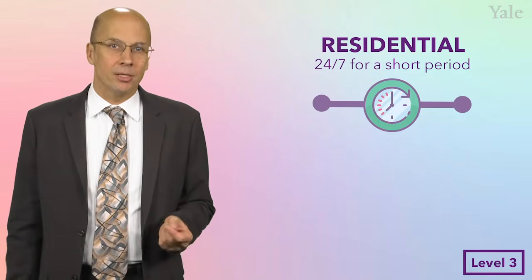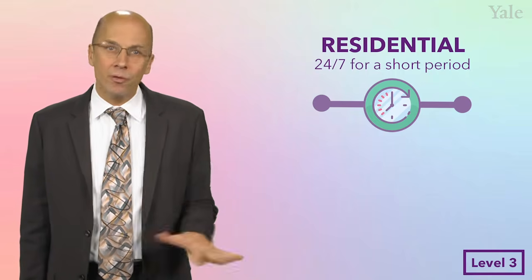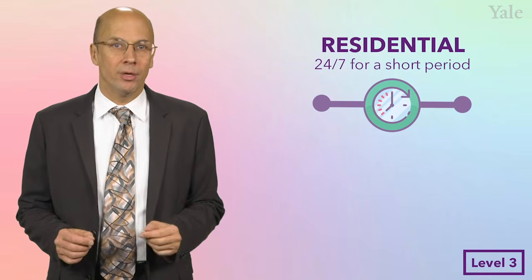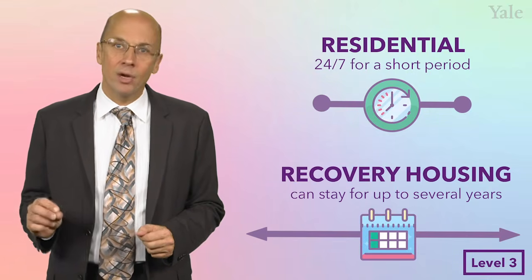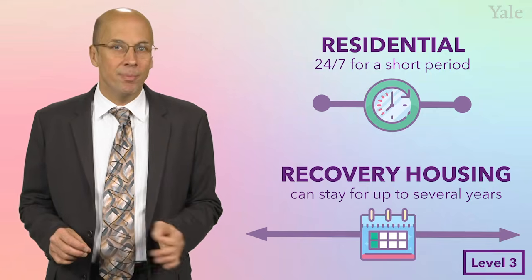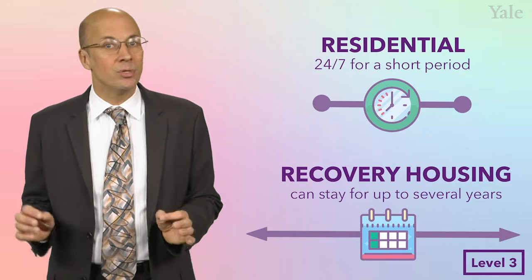In residential settings, the person is provided intensive services and treatment monitoring 24/7, but only for a short period, for example, a few weeks to a few months. In recovery housing, on the other hand, a person might be provided less oversight and provision, but can stay for up to several years.